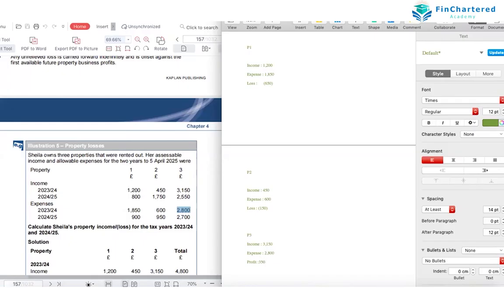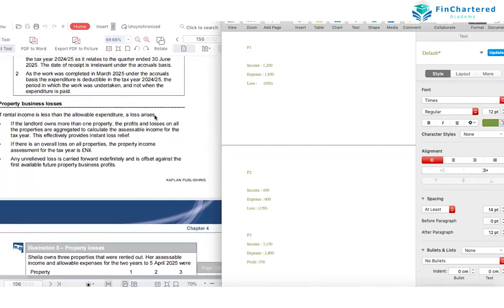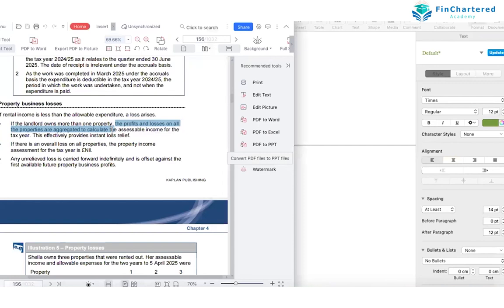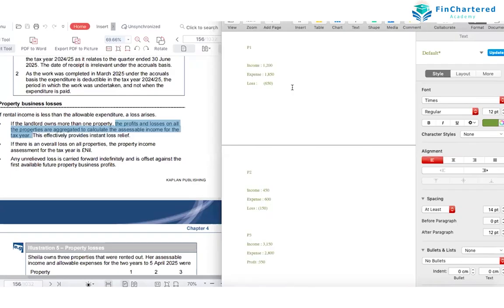Now, one thing you need to know is this. The profit and losses on all the properties are aggregated to calculate the assessable income for the tax year. So it means I have 3 properties, but I will take the aggregate. First property has a loss of 650. Second property has a loss of 150.